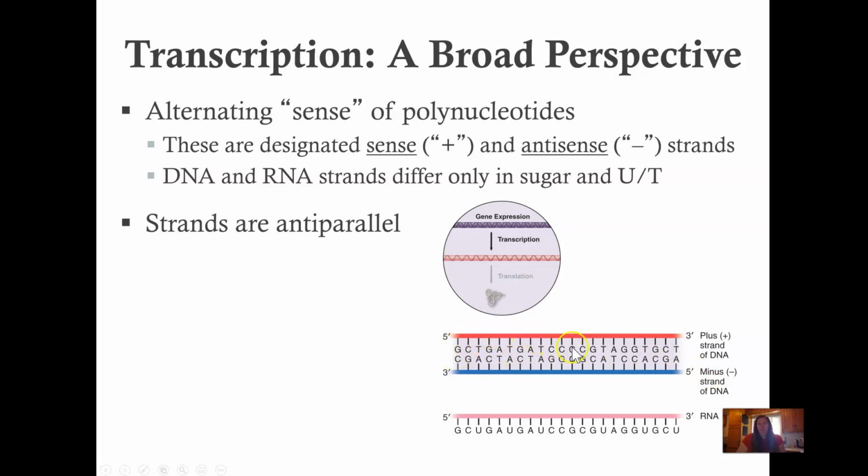Just rewrite the plus strand and substitute all the T's with U's. Easy peasy. In other words, the messenger RNA strand will always be identical to the plus strand of DNA, except for the uracil-thymine switch.